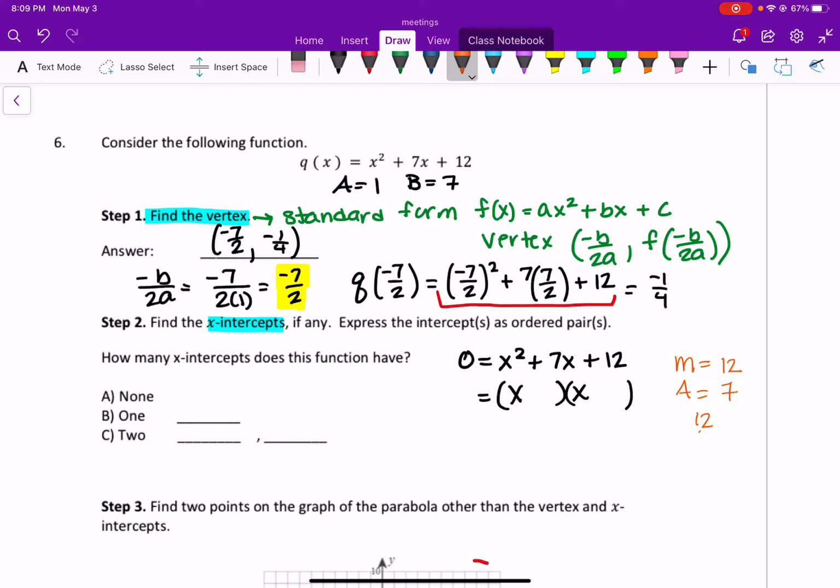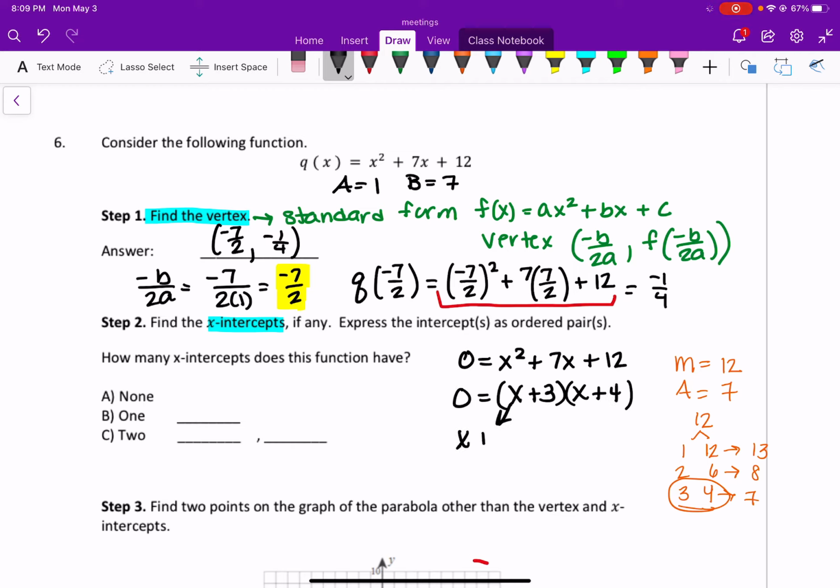So if I think about factors of 12, I've got 1 and 12, 2 and 6, 3 and 4. 1 and 12 adds to 13, 2 and 6 gives me 8, and 3 and 4 gives us 7. That's what we want the middle to be. So there's our factors: x plus 3, x plus 4.